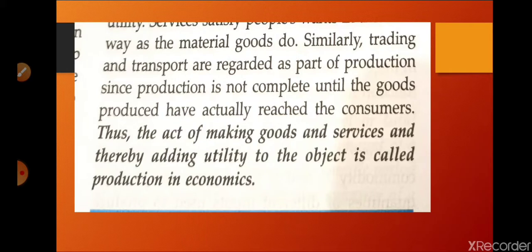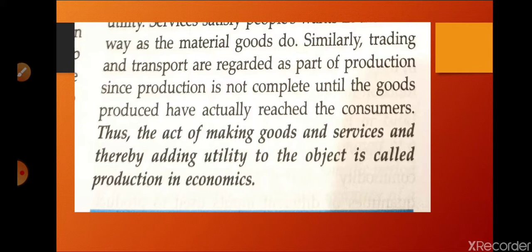The first topic today is the concept of production. What is production? In class 11th also you have read about production. The study of the relationship between output and the cost of production is known as theory of costs. The act of making goods and services, thereby adding utility to the object, is called production in economics.